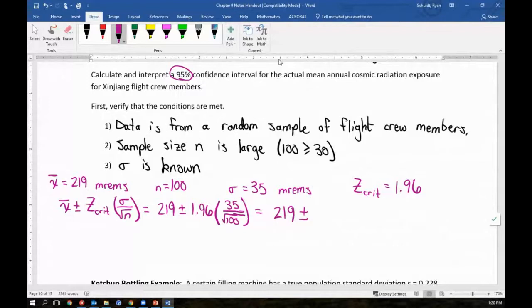Our bound on the error, I should say. 6.86. Which means our interval is what? 212.14 to 225.86.